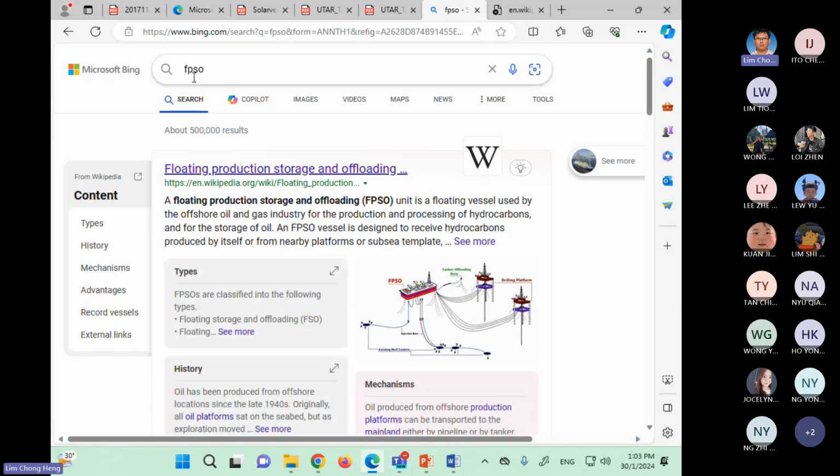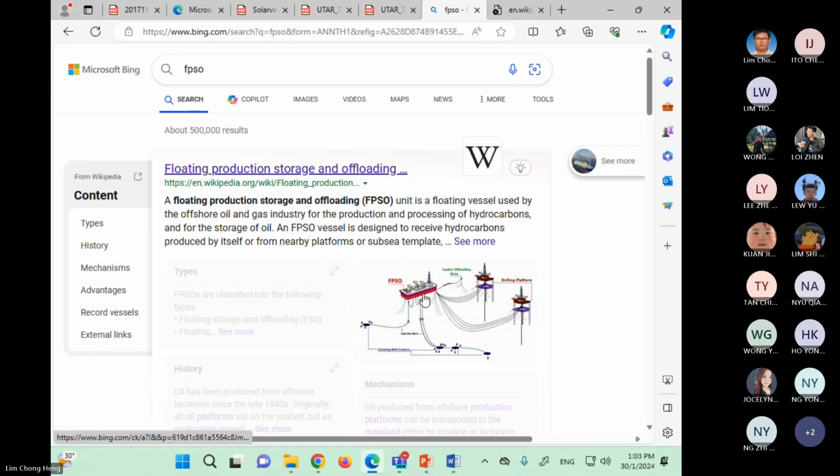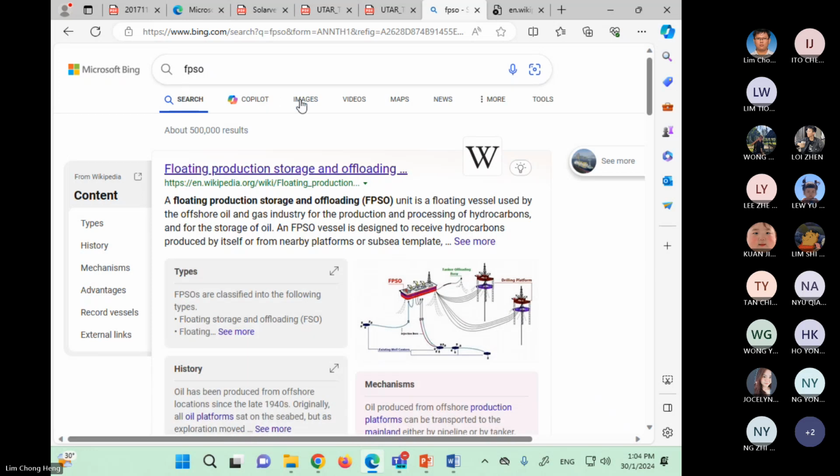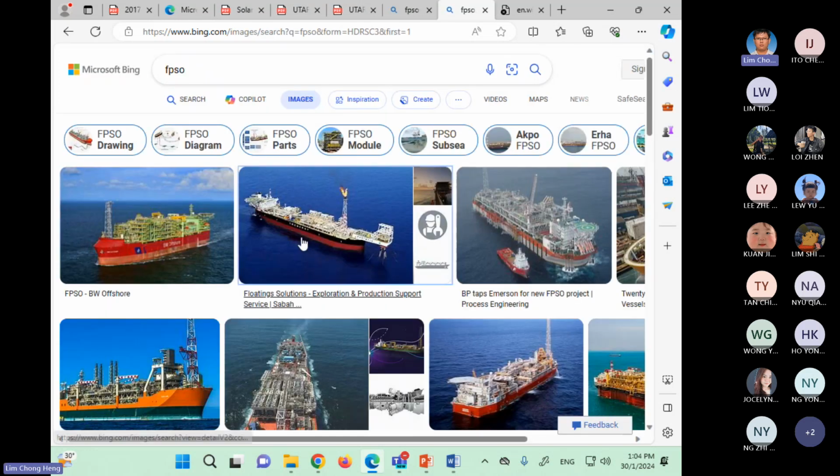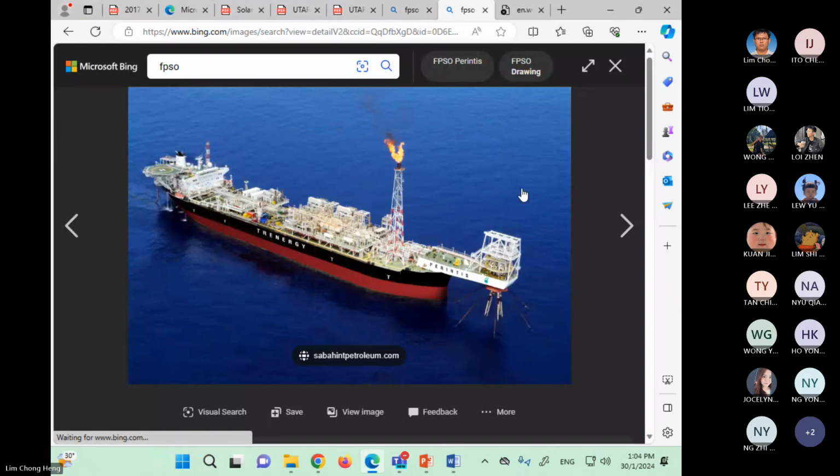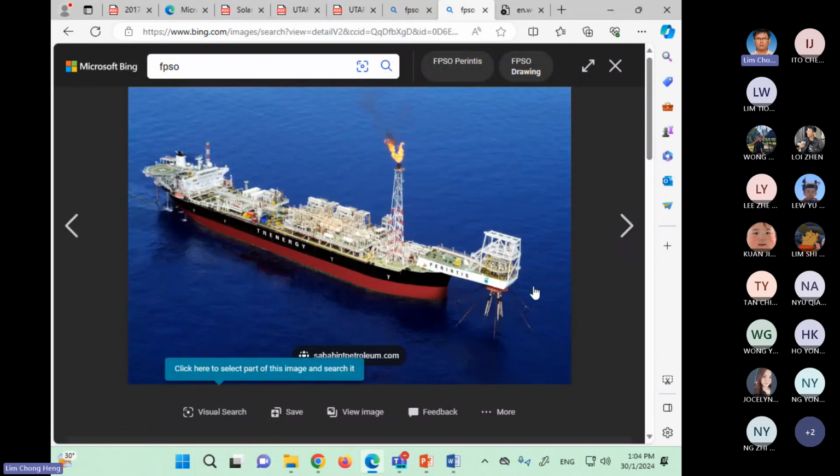Oh, sorry, it's FPSO. Okay, something like this: the oil comes off from the platform, they process it here, and until here it is pure crude oil, and then they send it to the factory, which can produce petrol to sell to all of you.